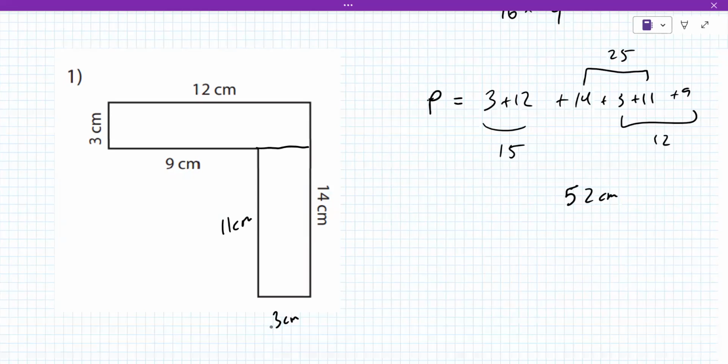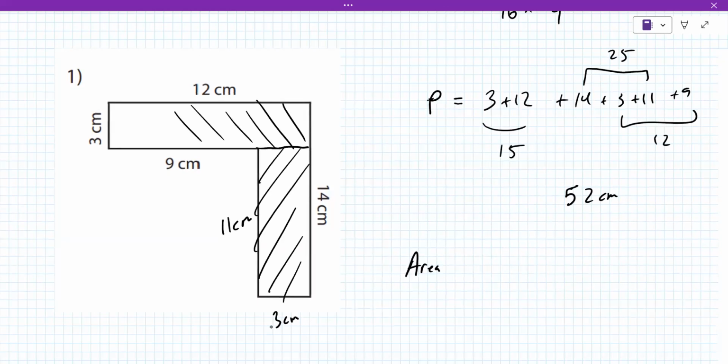So the area? Yes. That's why I said you got to break it into 2 rectangles, however you see fit. So it'd be base 3 times 11. And then add the 2 together. Yep. Okay.